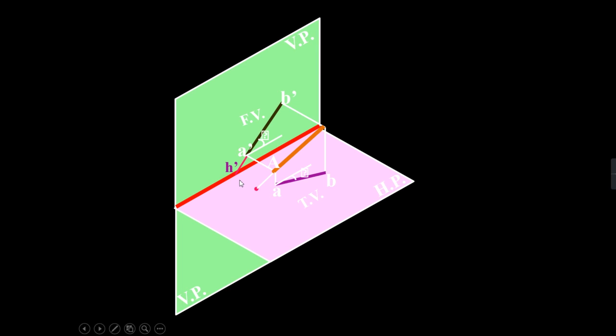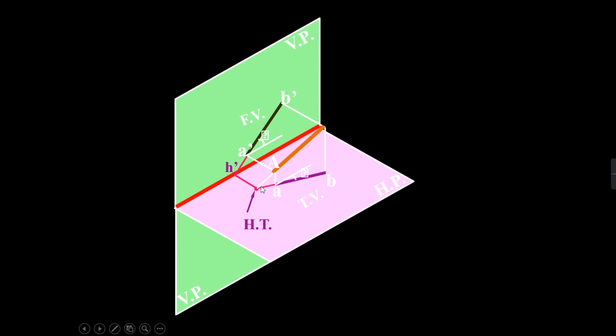You name that point as H dash. From the H dash, you have to draw the projector, or you can say the perpendicular line. Okay, and you have to extend the line AB. So wherever that projector and your line AB, that is nothing but the top view of line AB, cut at some point, that point is nothing but the horizontal trace.